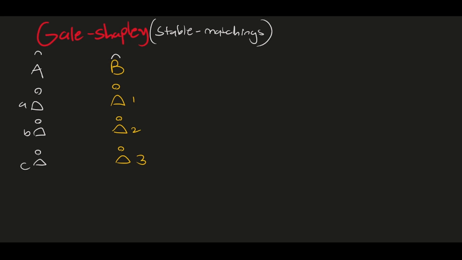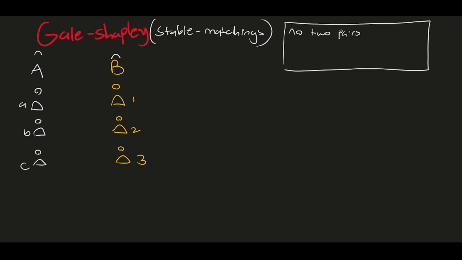Now, a stable matching is when no two pairs would rather trade partners.